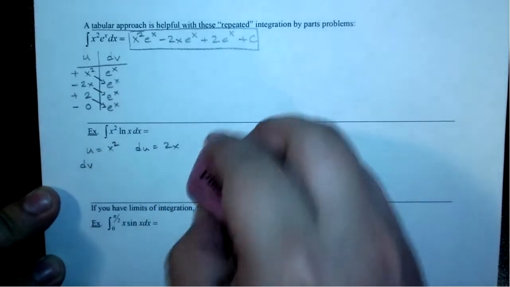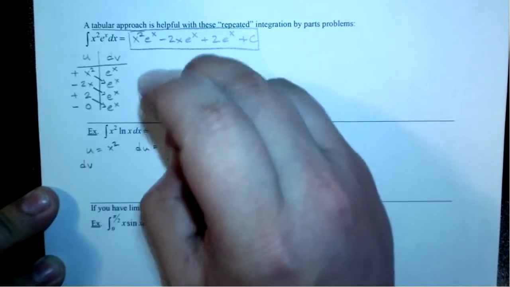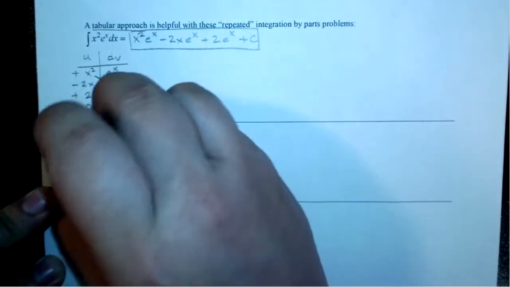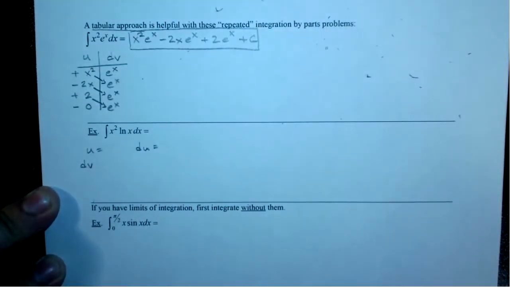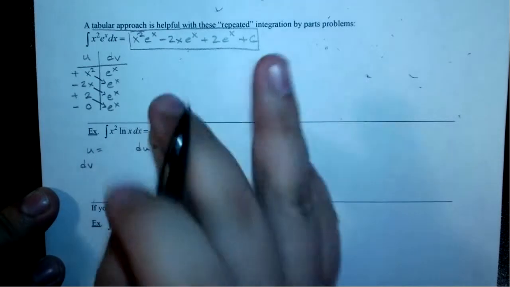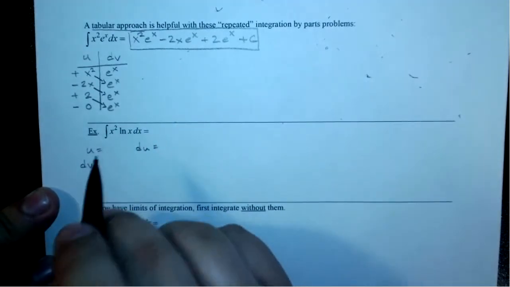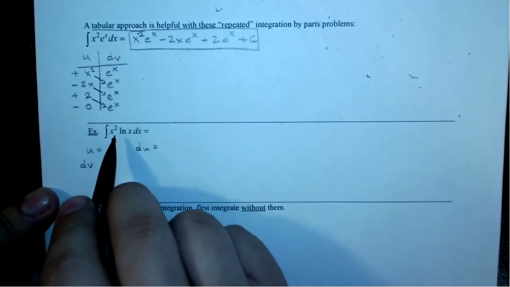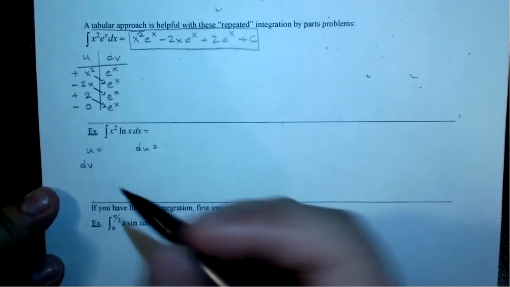So here's a good example of when sometimes you need to change which one is which, okay? And it doesn't matter how you change them. You should, and will, get the same result.